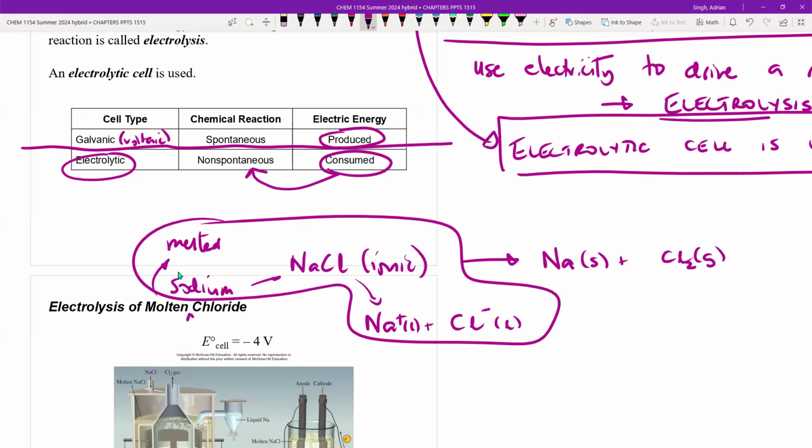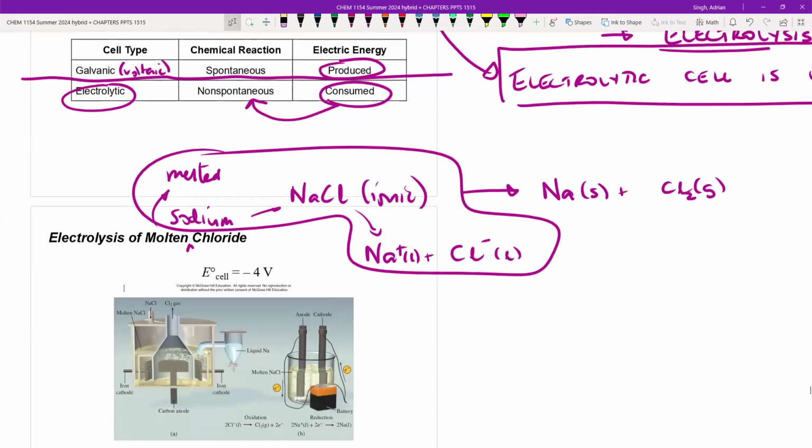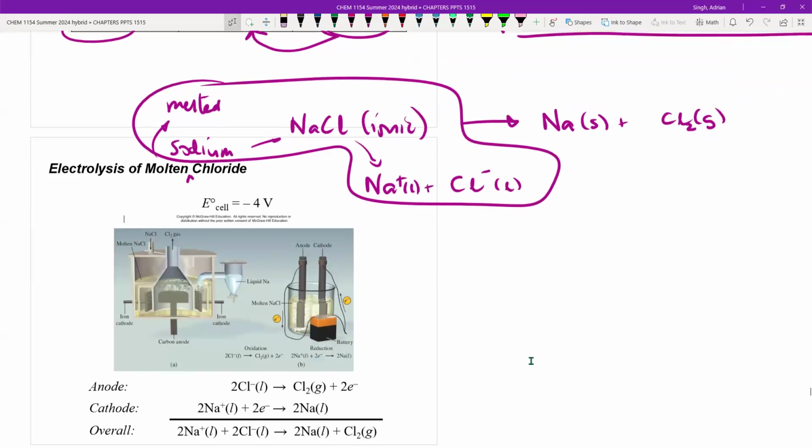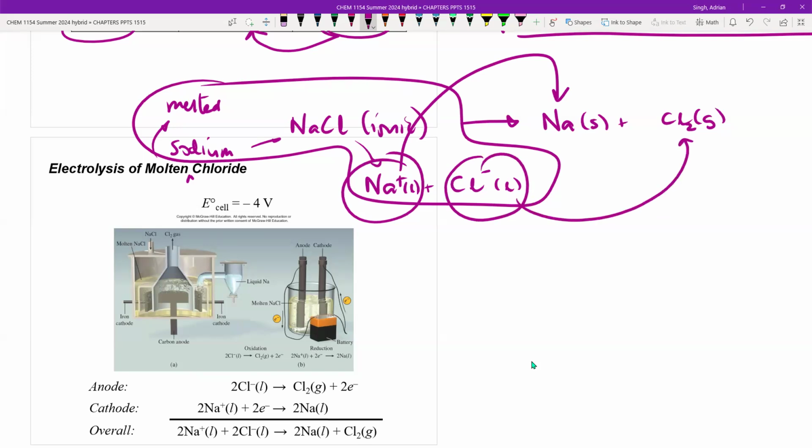So under the correct conditions, we can have the following occurring in the electrolysis of molten sodium chloride. The sodium ion becomes sodium metal, and the chloride ion becomes chlorine. Let's see what's happening in both of these cases.